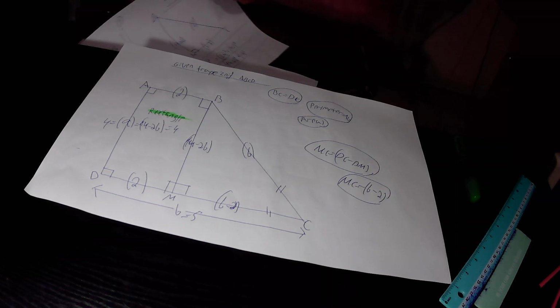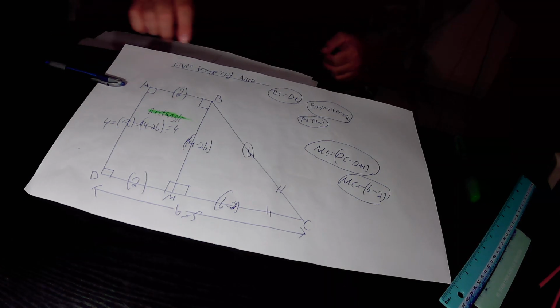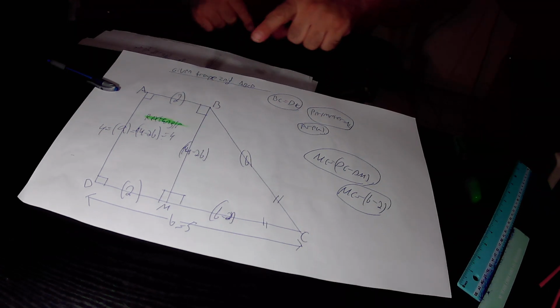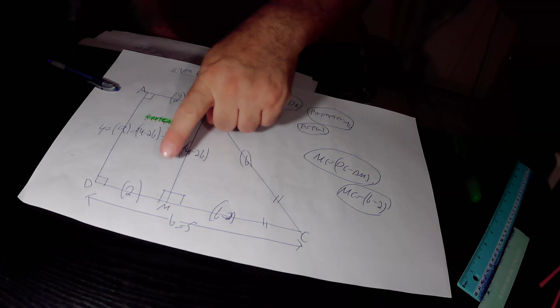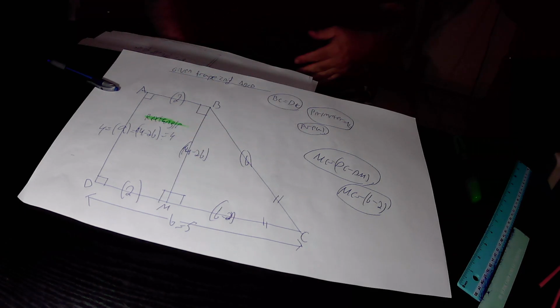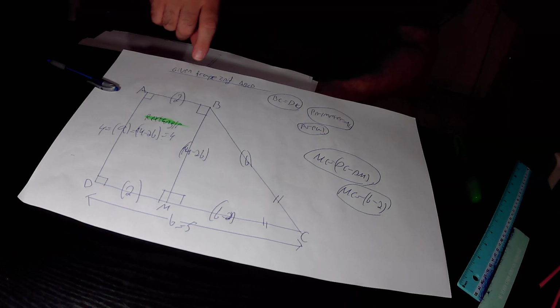In the next step we did a construction. From the vertex B of this trapezoid ABCD, we drew a perpendicular onto DC. So this angle equals 90 degrees, and this angle also equals 90 degrees according to our construction. We define the touching point of the perpendicular from point B and DC as point M. By doing this construction, we can identify quadrangle ABMD.